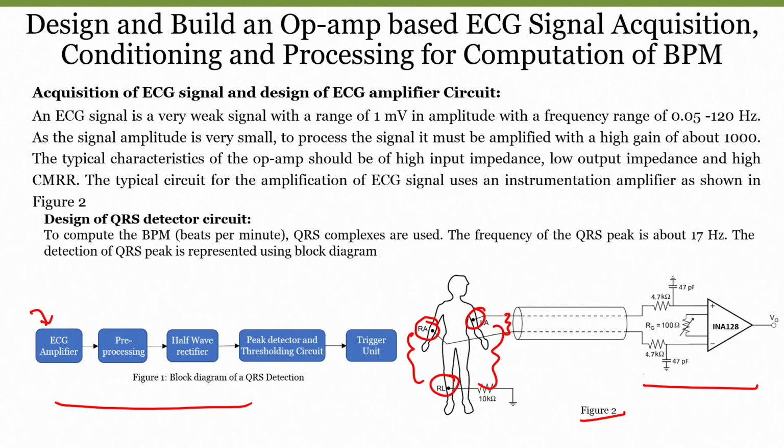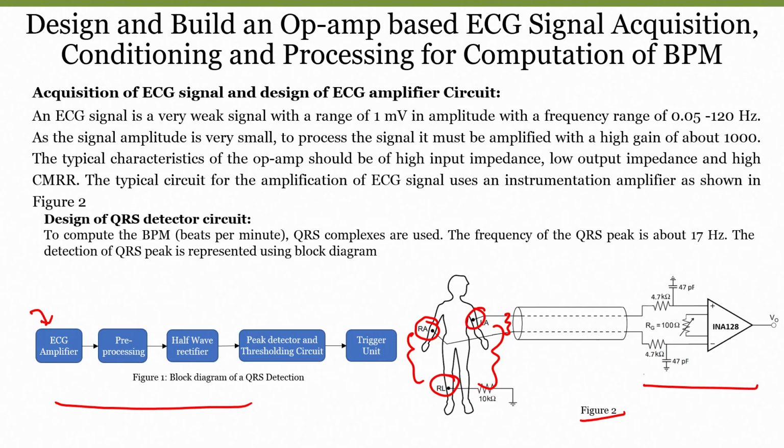So, if I want to use it, and moreover the signals we observe from RA to RL and LA to RL will look similar, meaning those two are almost common mode signals. In such a case, if I want to take the difference between these two independent signals, we have to go with an instrumentational amplifier.